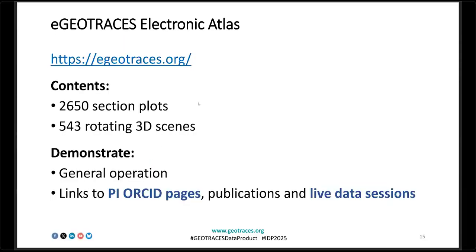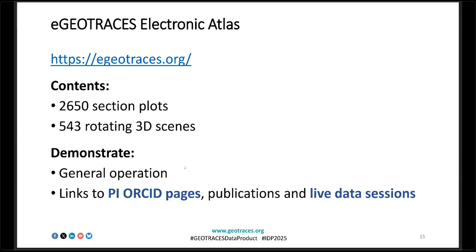Okay, so the second component, which is the eGeoTraces electronic atlas that is available under this URL, this is now, I have to say, almost industry scale production of section plots and rotating 3D scenes. The new version has more than 2,500 section plots, and it has more than 500 rotating 3D scenes.